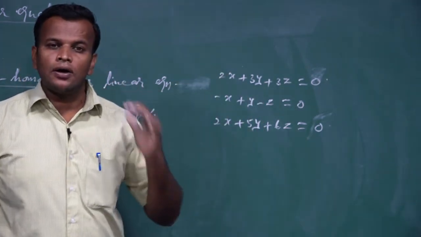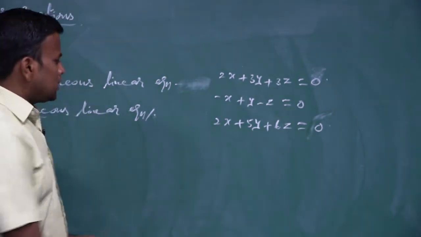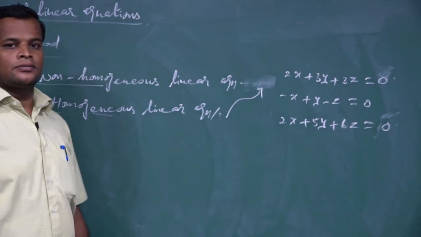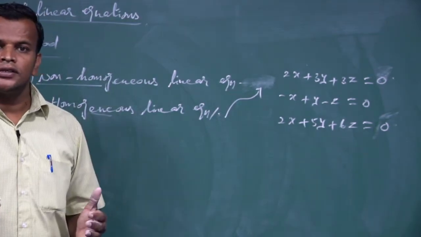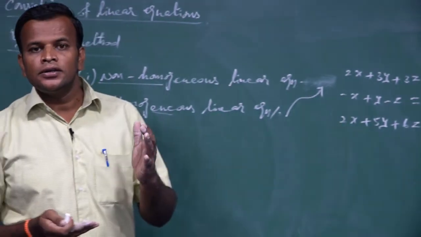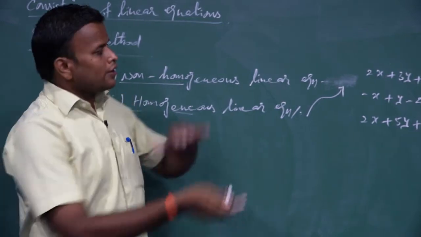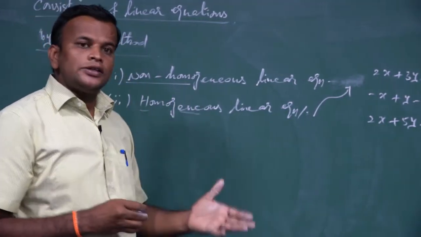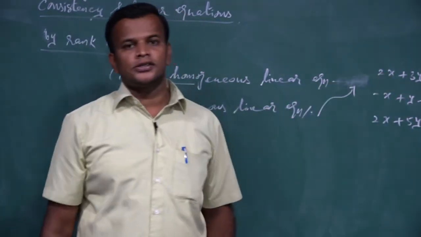That is, all the constants are 0. Then the equation is called homogeneous. So this is the only difference between non-homogeneous and homogeneous. All the previous problems were non-homogeneous because the RHS values are constants.